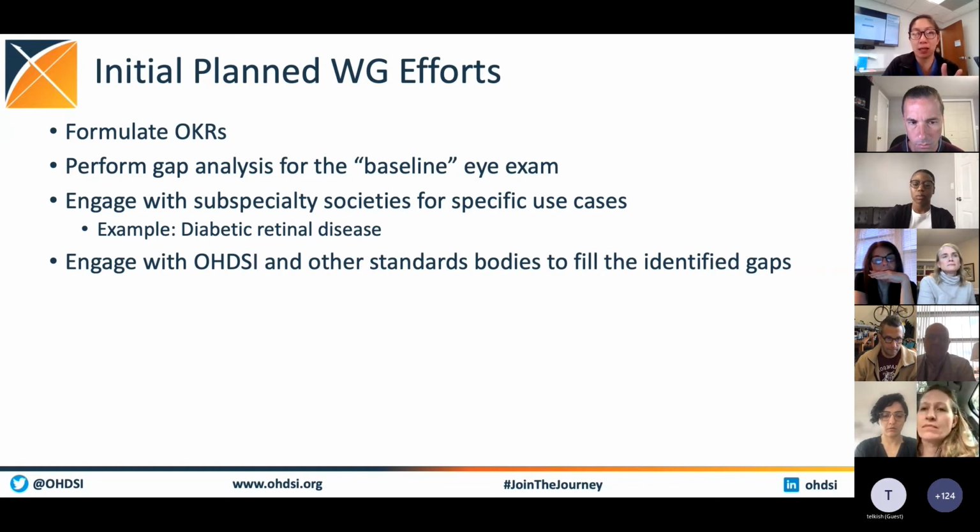That will involve collaboration with other areas, and they're looking at incorporating systemic biomarkers and patient-reported outcomes and other data points that we haven't looked at in the past, because our current staging system is largely exam or photo-based. We look forward to engaging with Odyssey and other standards bodies to fill those gaps that we identify. Next slide.